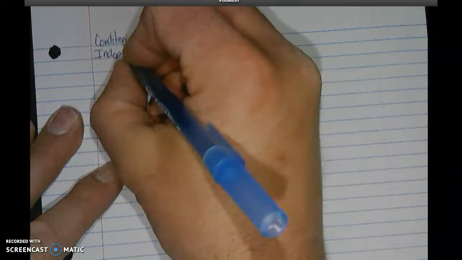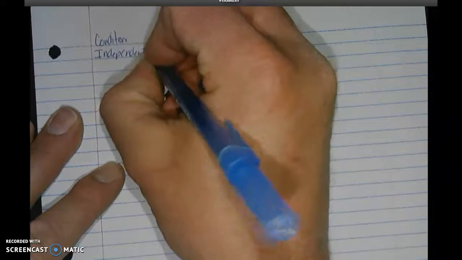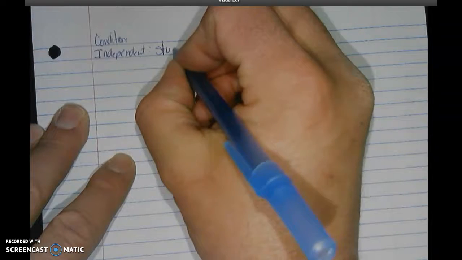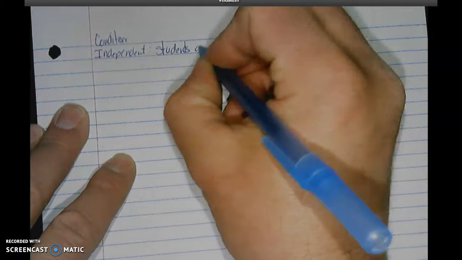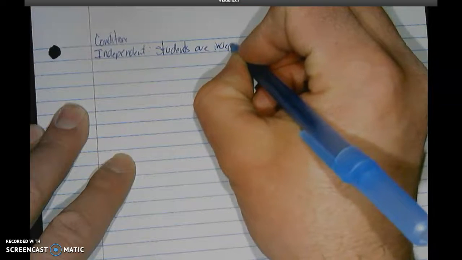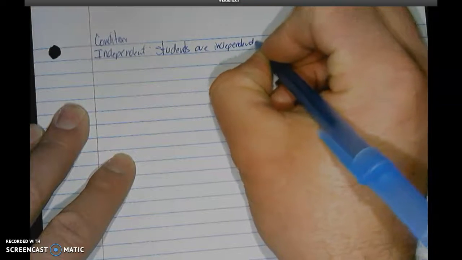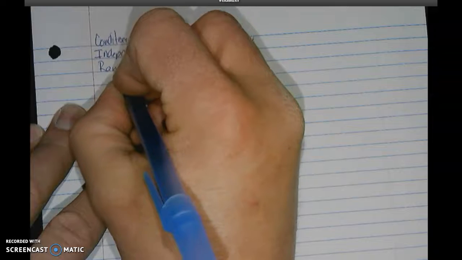Okay, then we're going to go into our conditions. We already started talking about that off camera, so let's start first with independence. Students are independent. Random.